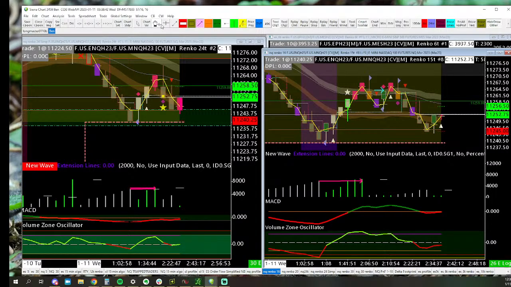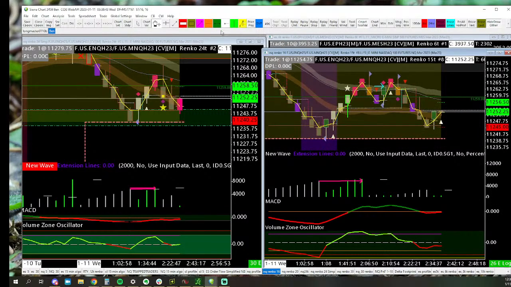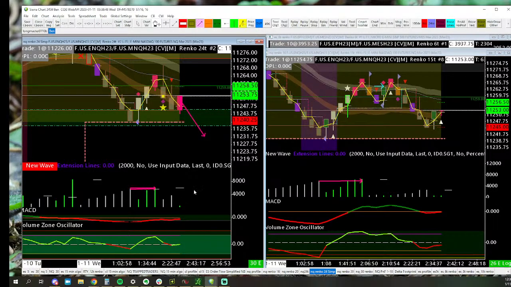So what we really want here is for them to actually take the low out, but do it with a divergent wave. That would be ideal, because then we would know for sure that this low is secure. I'm not a huge fan of buying the first higher low. It does work sometimes, but it's pretty aggressive, right?